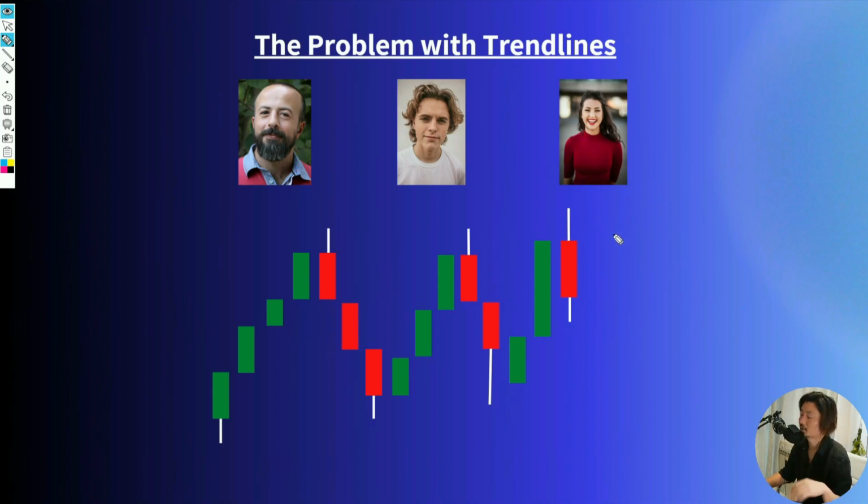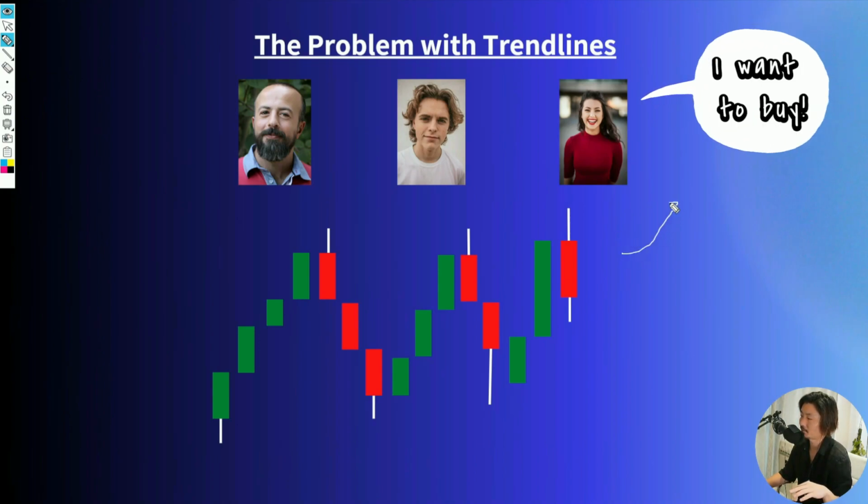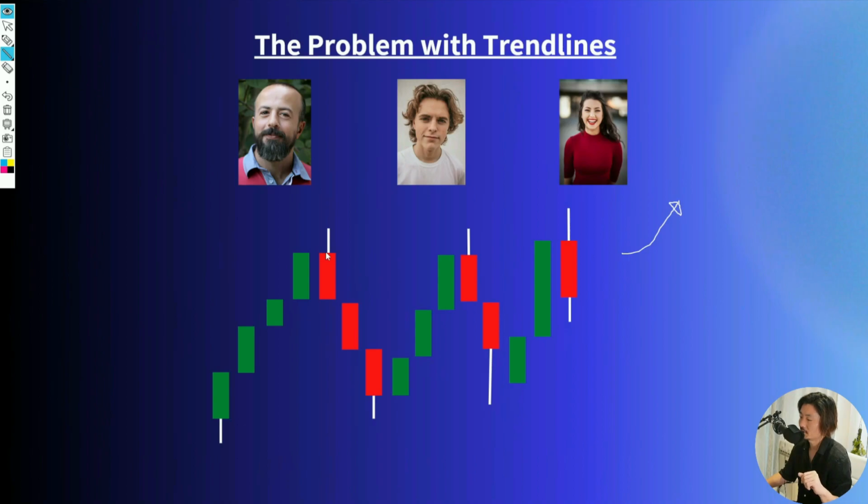But on the other hand, let's say she was actually looking to buy. Well, in that case, what she's likely to do is attach the trend line to the bodies, right here. Because this breakout right here shows that even through trend lines, this breakout right here is supporting her view of buying.